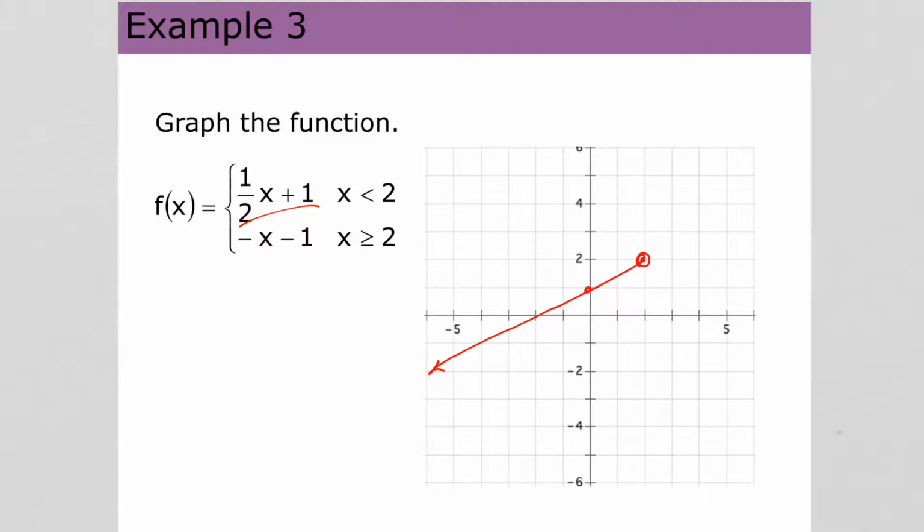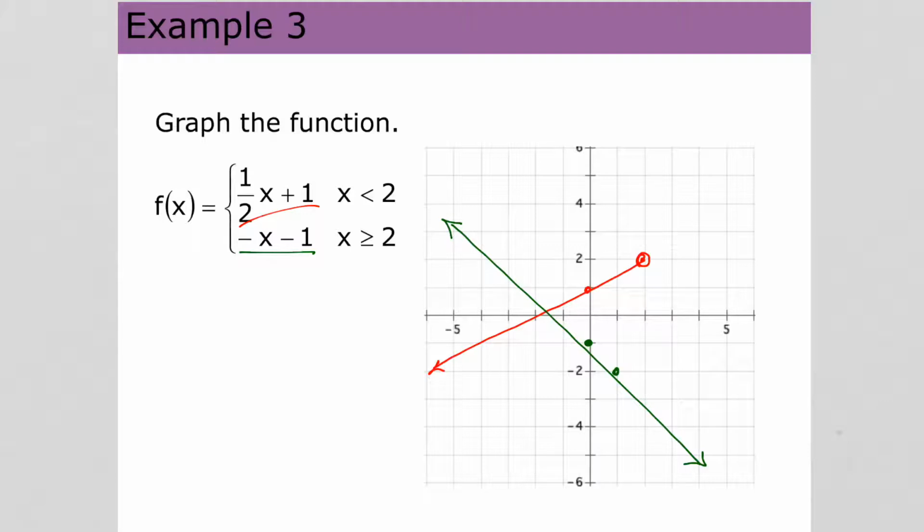And then we'll graph negative x minus 1. That's a y-intercept of negative 1 and a slope of down 1 over 1. So it'll look like this. But it's only defined where x is greater than 2.